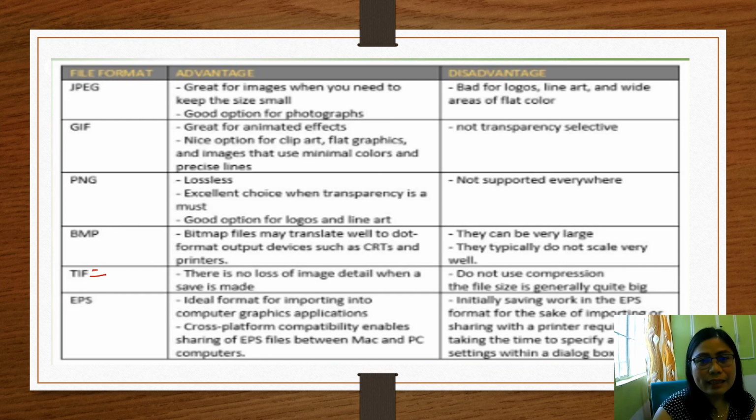Yun nga lang din, katulad siya kanina ni BMP, mas malaki yung kanyang file size. And then, the last one is the EPS o yung Encapsulated Postscript File. Ito naman ay mga vector file type naman po to. EPS files can be opened in many illustration application katulad ng Adobe Illustrator o kaya ng CorelDRAW.